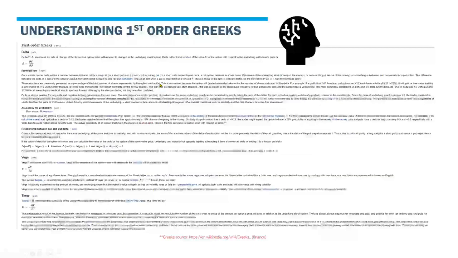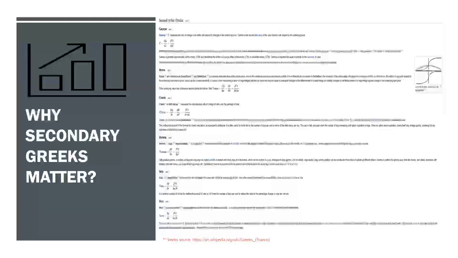Then we have the second order Greeks, why the secondary Greeks matter: gamma, vanna, charm, and vomma. This is what I was talking about earlier, so you can look more into how option pricing works in both the first and secondary order.